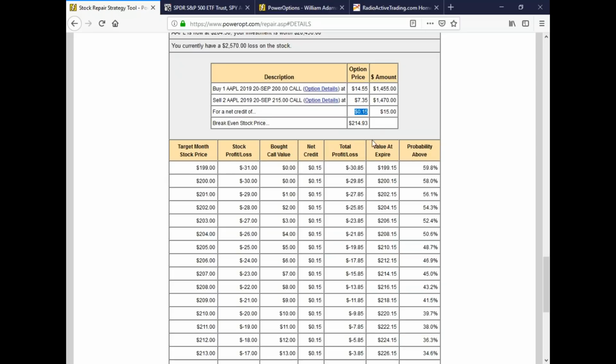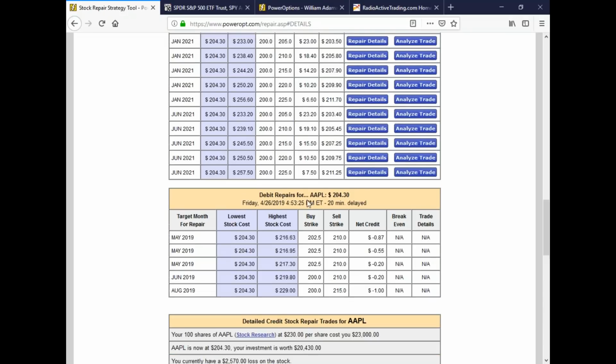You only get a 15-cent net credit, but now if the stock's above 215 at September expiration, mind you, when all the time value is gone, you have a bull call debit spread. One long and one short is a bull call debit spread where you could get 15 points back. 214.93 plus the 215 would be 229.93 plus your 15-cent credit, you're at break even.